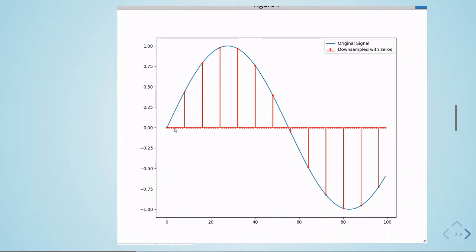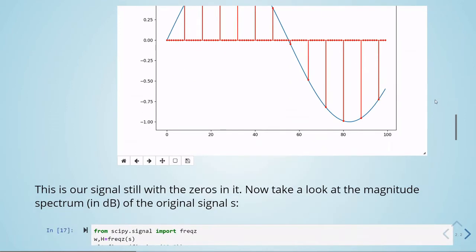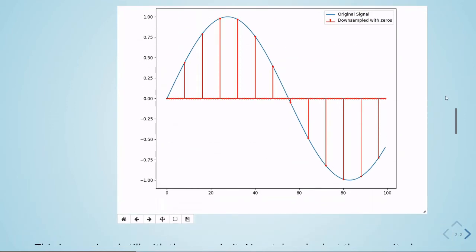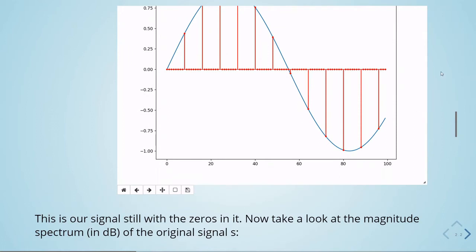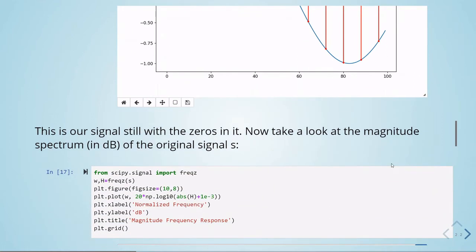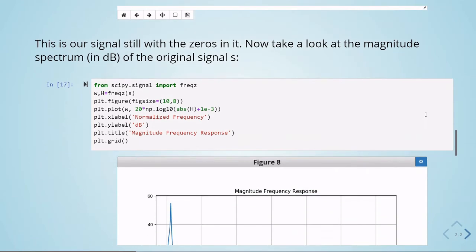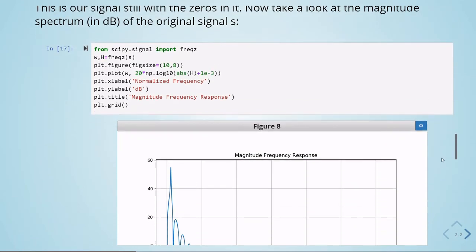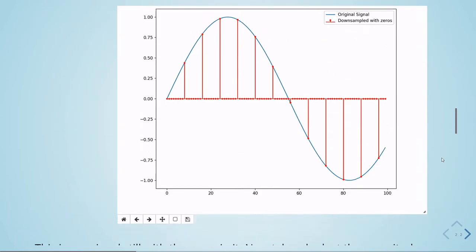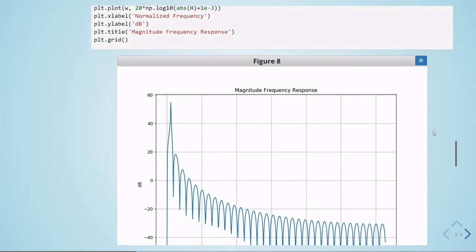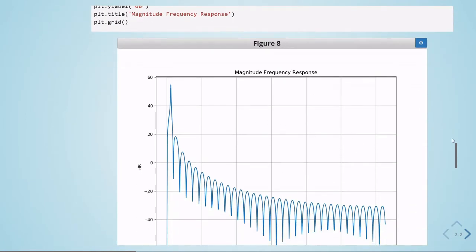When we multiply, we get this in red, which is the downsampled version, still with the zeros in it. And we can take a look at the magnitude spectrum in dB. Here we have the magnitude spectrum of the original signal.